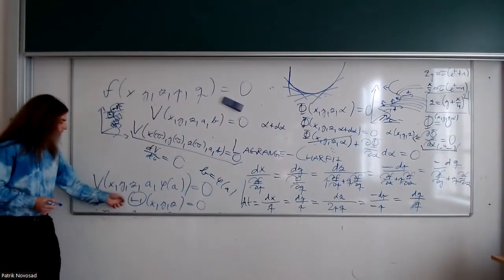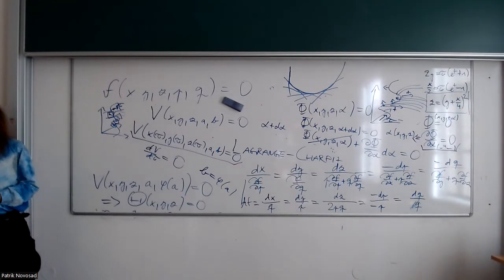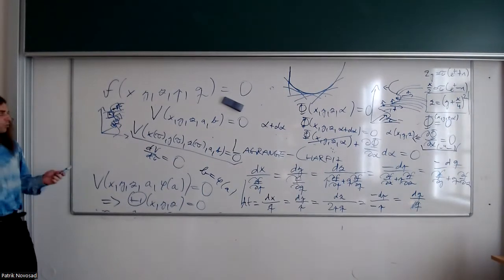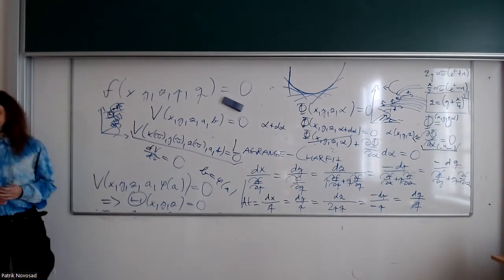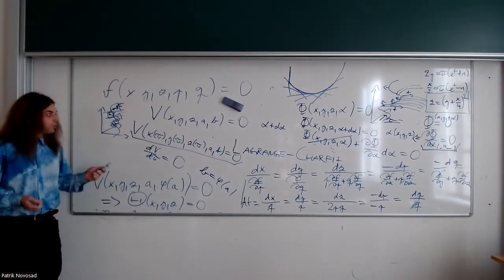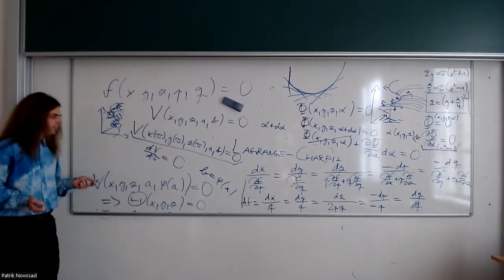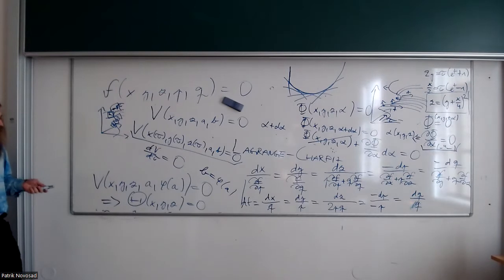And we have one surface that is the solution to the initial problem. So as long as we have the complete integral, it's not very hard to find the solution.